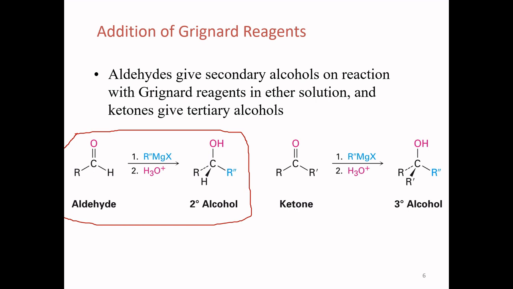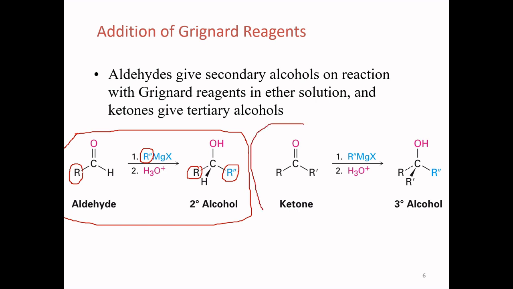If you look at the aldehyde, it has an R group, while the Grignard reagent has an R double prime group. So in our final product, we will have one R group and one R double prime group, which means this alcohol is a secondary alcohol.